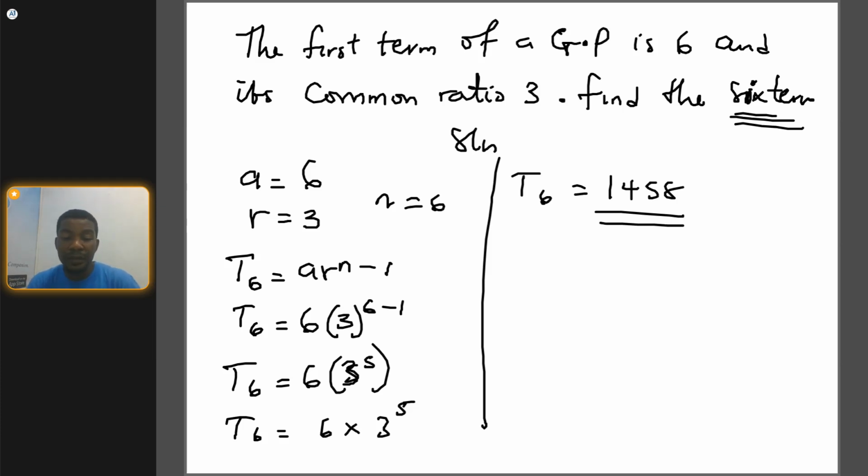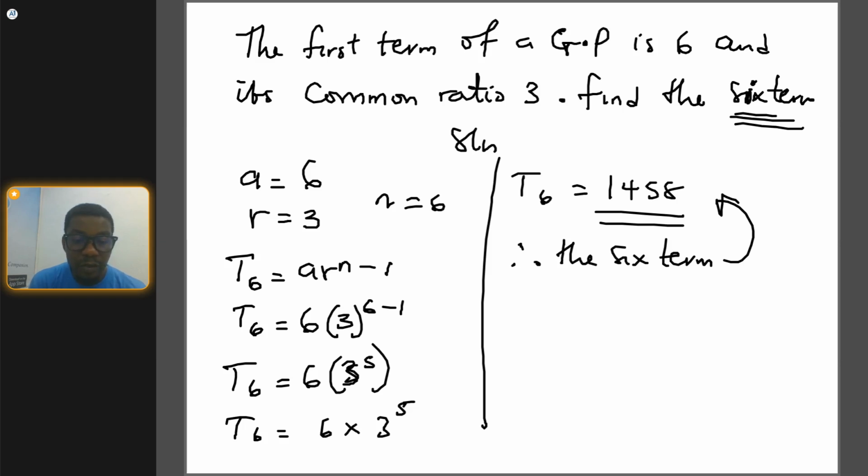So the sixth term is 1,458. That is the answer to this particular question. So you can see how we got the response by using the nth term.